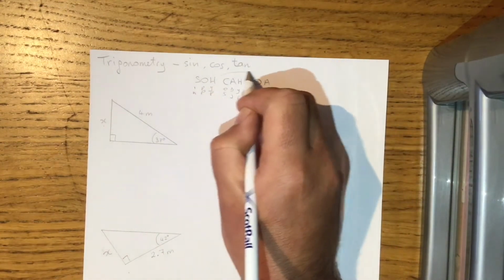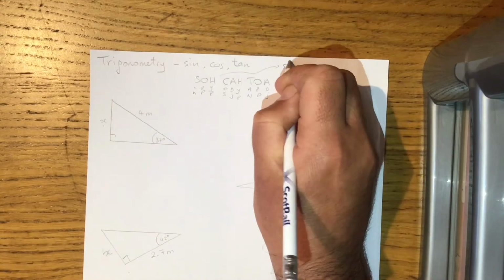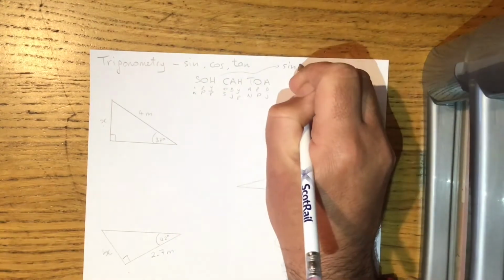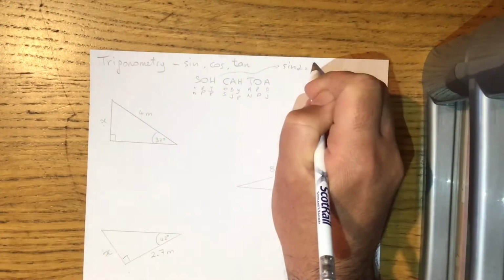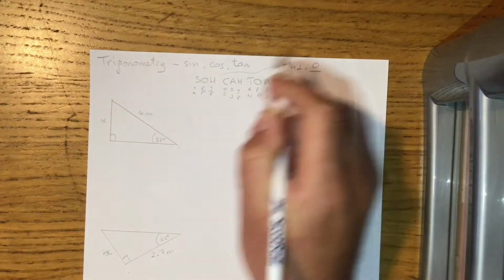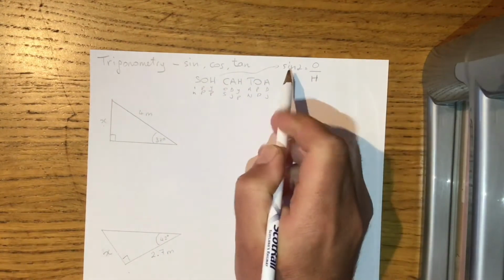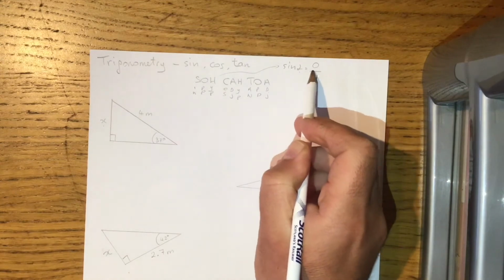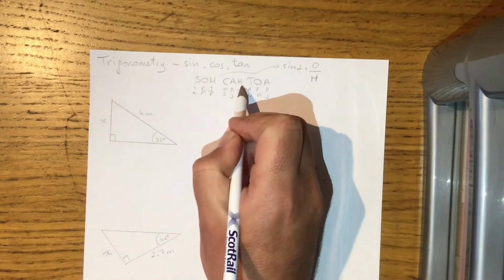So SOH means sine of the angle is O over H. So the sine of the angle is opposite divided by the hypotenuse.